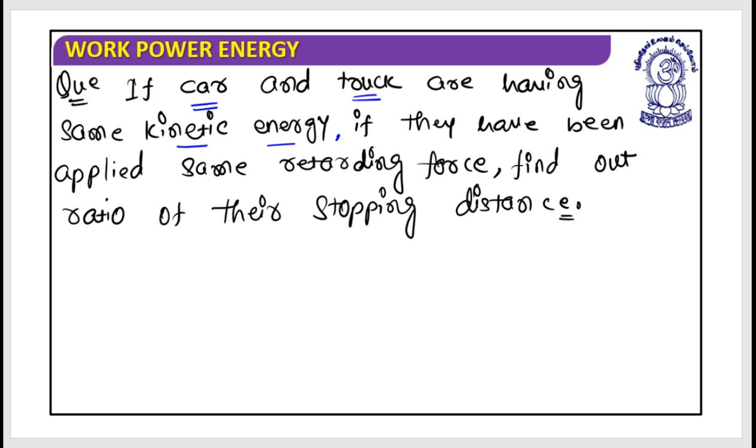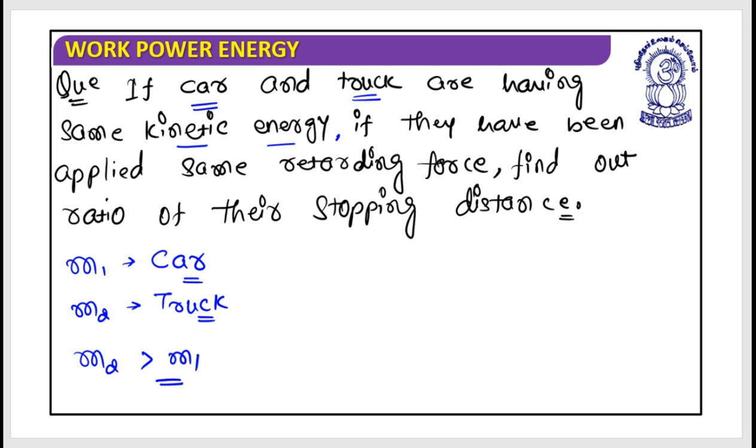Let's suppose the mass of the car is m1 and the mass of the truck is m2. Since it's a truck, m2 would obviously be greater than m1. The truck has a higher mass compared to the car.